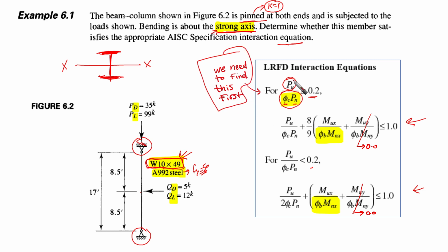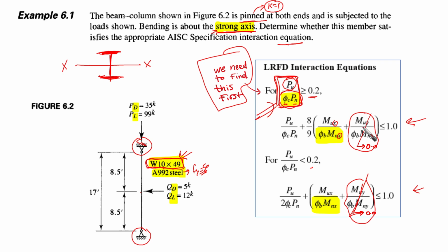So we need to find this first. The term related to the axial forces is important, we need to find it first. And after that, strong axis means that we're going to use x only. This means that the second term, which is related to y, is going to be cancelled out. It is going to be 0 because we do not have biaxial moment here.